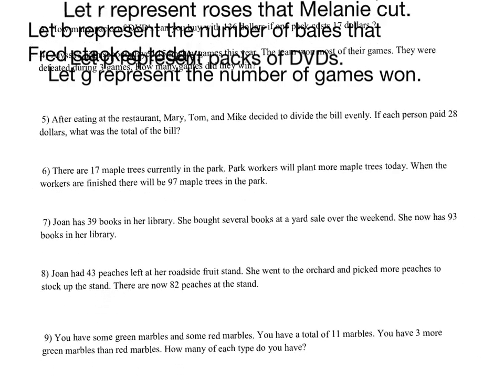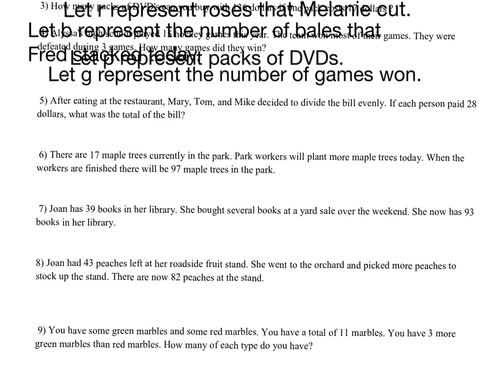Number 5, after eating at the restaurant, Mary, Tom, and Mike decided to divide the bill evenly. If each person paid $28, what was the total of the bill? So we're trying to find the total. So let T represent the total of the bill.